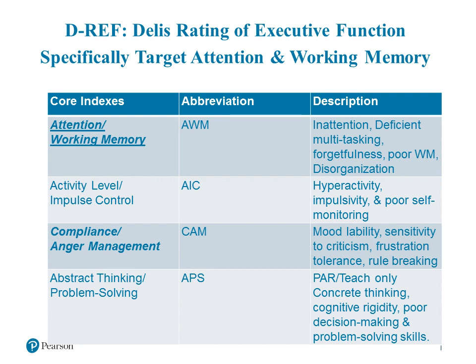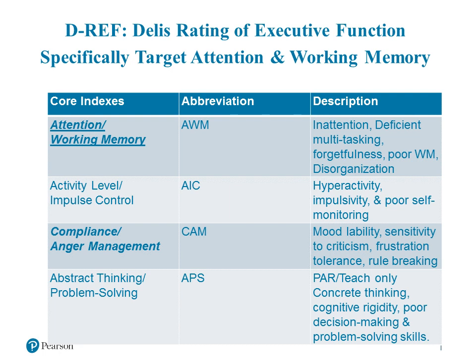The DREF also has specific executive function indexes that are related to attention and working memory. There's the attention working memory index, which provides information about inattention, deficits in multitasking, and disorganization. There's an activity level impulse control index, in which items reflect hyperactivity, impulsivity, and poor self-monitoring.